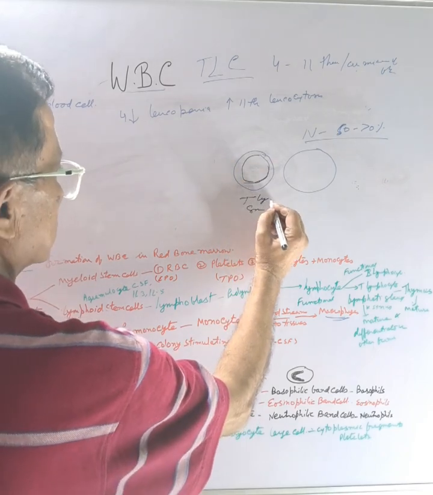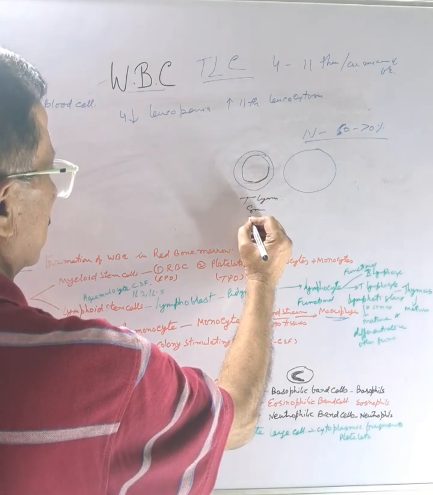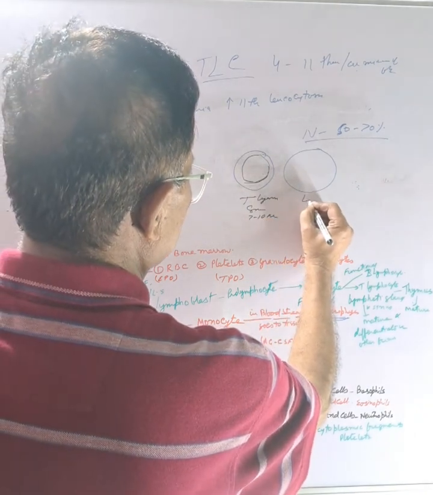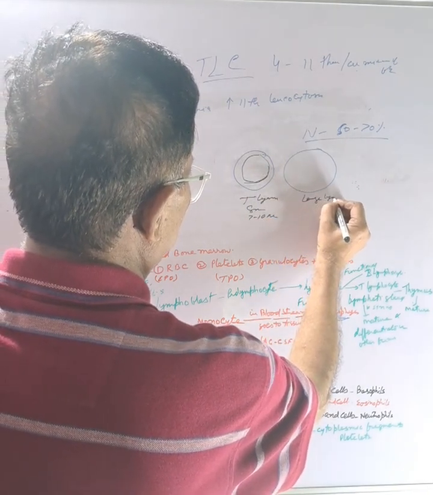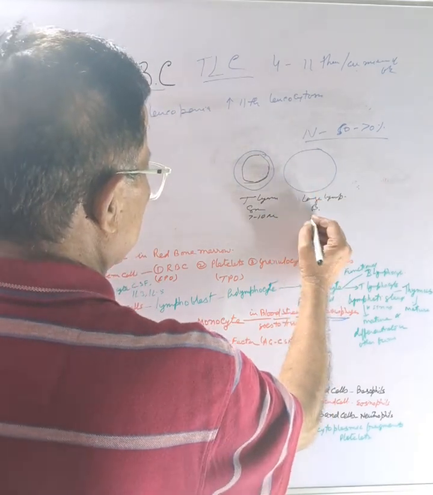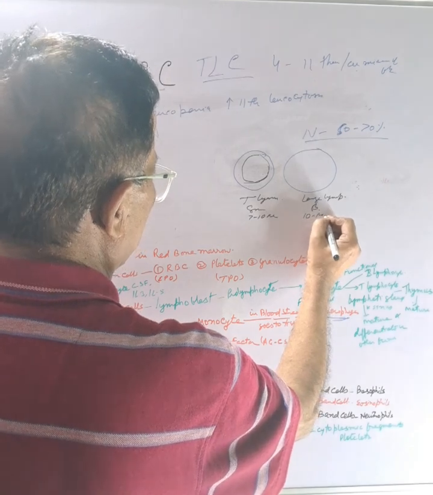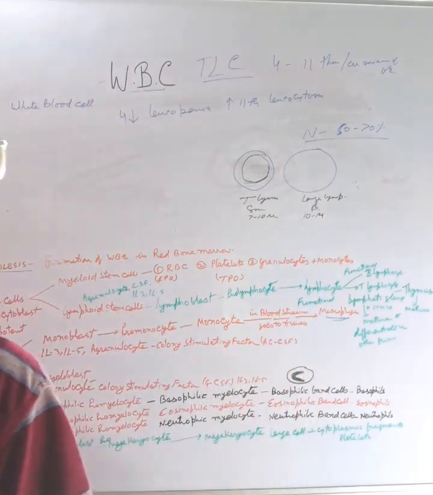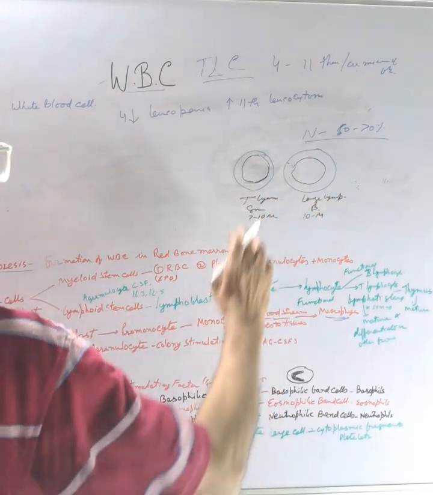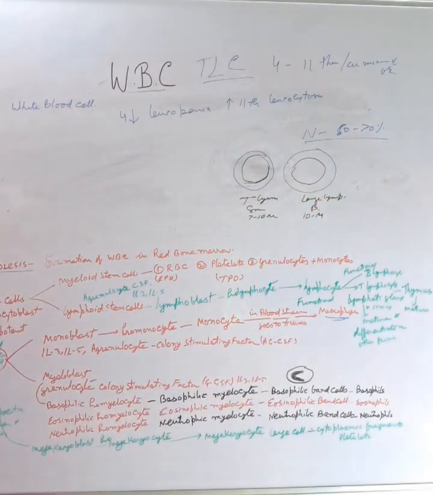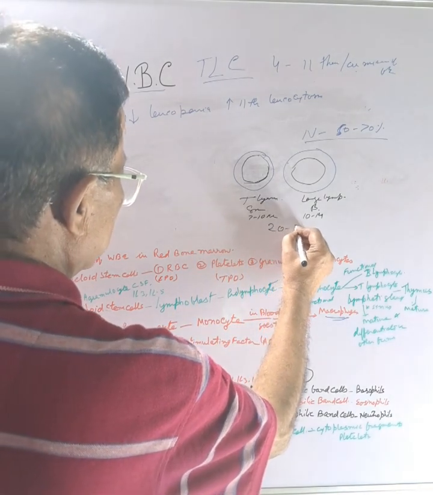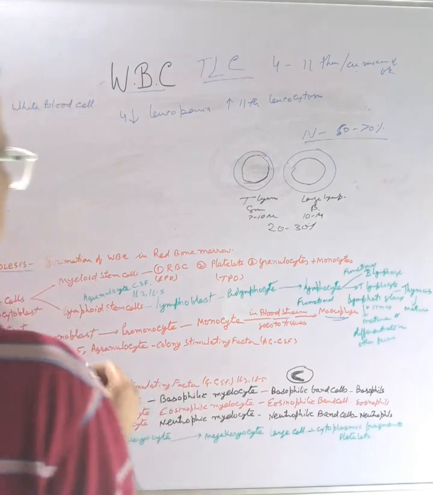Another is a large lymphocyte, or B lymphocyte. Its size is more, that is 10 to 14 micron. Nucleus is small in large lymphocyte. Lymphocytes are 20 to 30%.